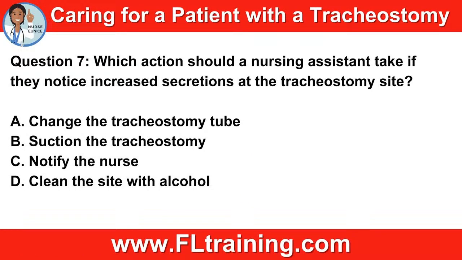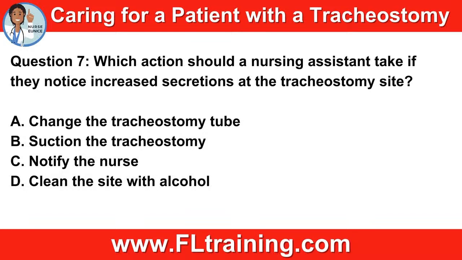Question number 7. Which action should a nursing assistant take if they notice increased secretions at the tracheostomy site? Increased is the key word. Is it A, change the tracheostomy tube, B, suction the tracheostomy, C, notify the nurse, or D, clean the site with alcohol? Ouch.